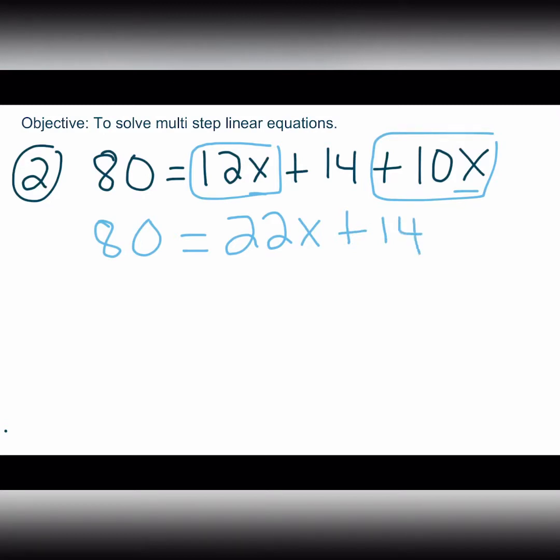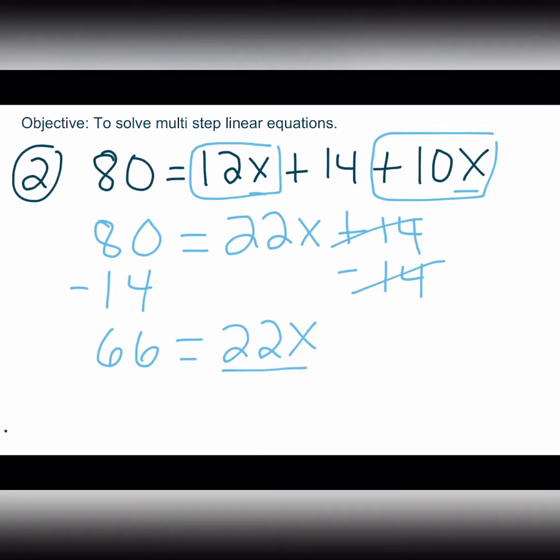Okay, so remember we have to subtract 14 first to cancel that out. So 80 minus 14 is 66. And that equals 22x. And then 22 times x, we have to undo the multiplication, so we divide by 22. So our final answer is 3 equals x.